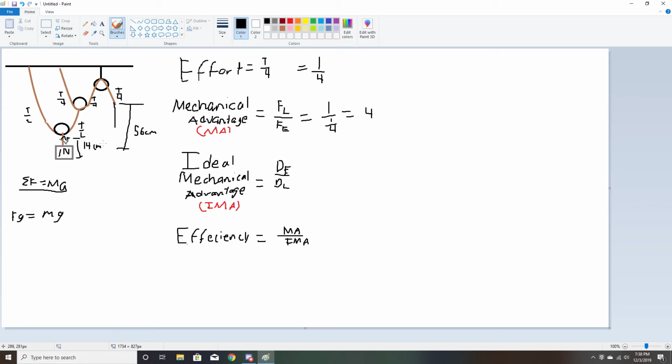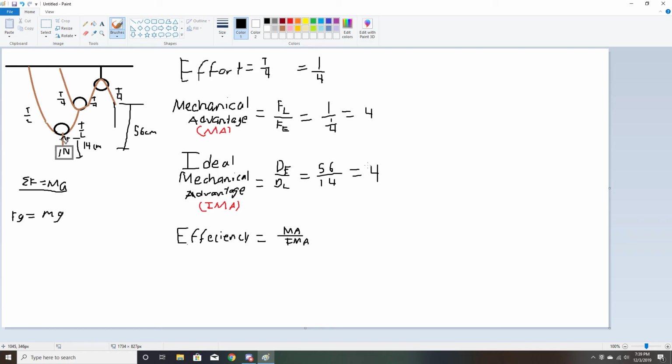This is when I pulled all the way down, and this pulley came all the way up, and I could no longer pull. So we take the distance of the effort, which is how much I pulled downward, 56 centimeters, and divide by the distance of the load, which is 14. And 56 divided by 14 is 4.